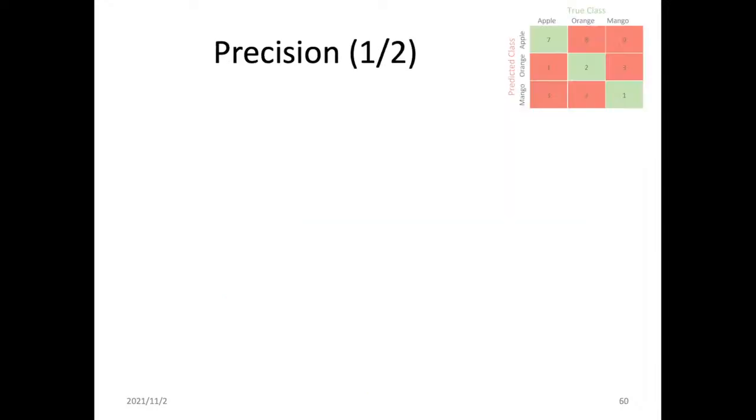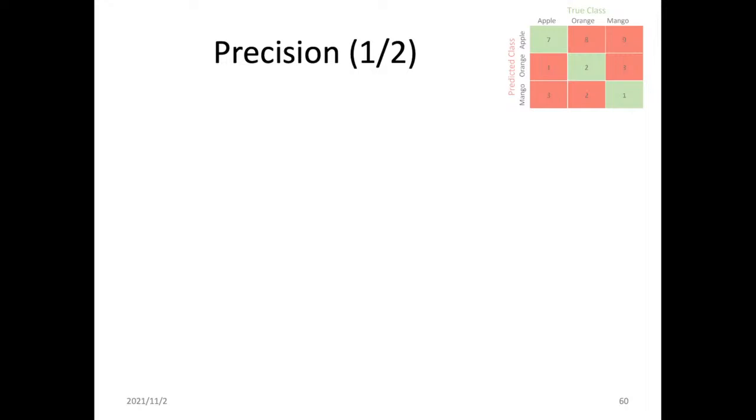Once we have this confusion matrix, how do we define precision? In binary classification, precision is defined as: whenever the model claims something as positive, what's the percentage that they are indeed positive? That's for binary classification. But here we have 3 classes, or even more than 3 classes. Then how do we define positive and negative classes?